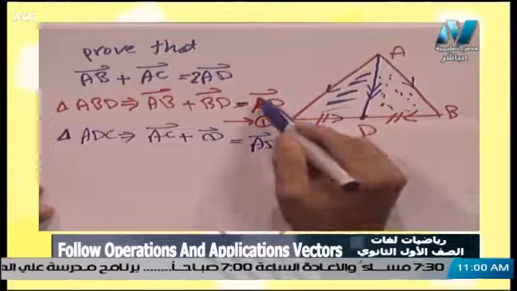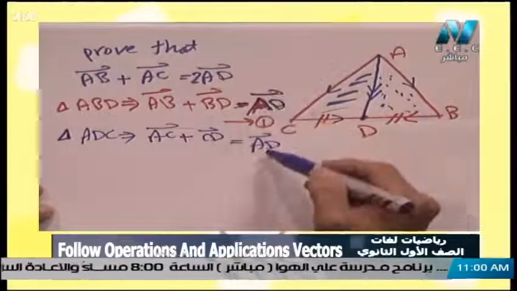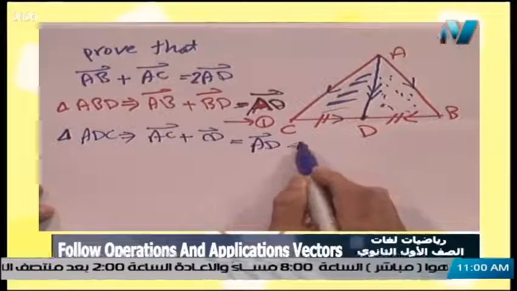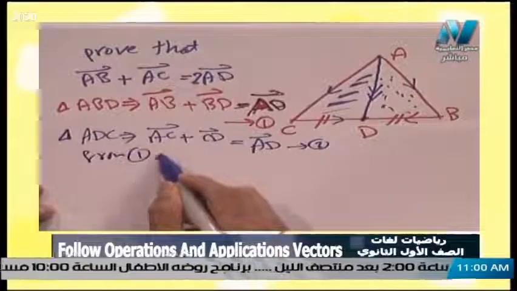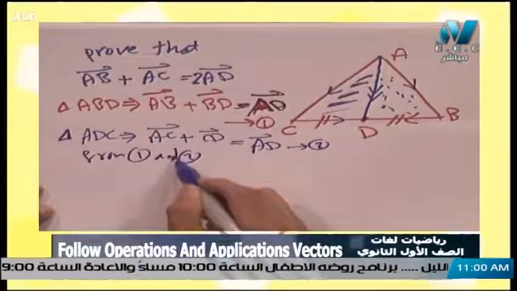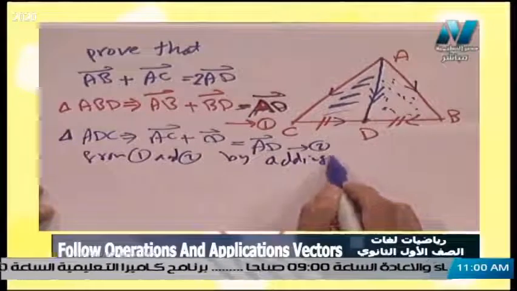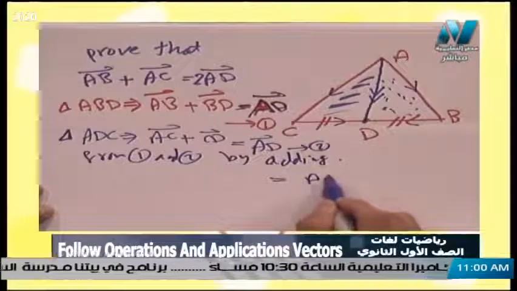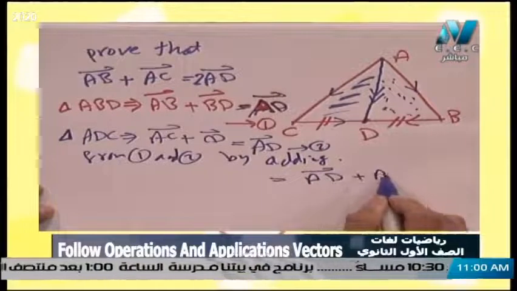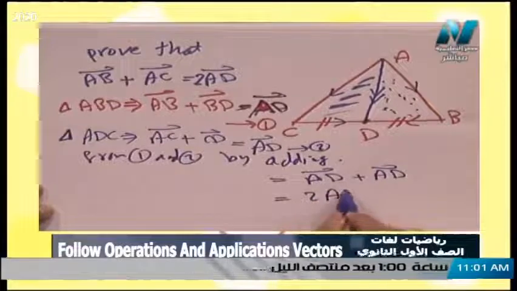We have AD here, and another vector AD here. So from equations 1 and 2, by adding, we'll get on the right side AD plus AD. So it's double the vector AD.